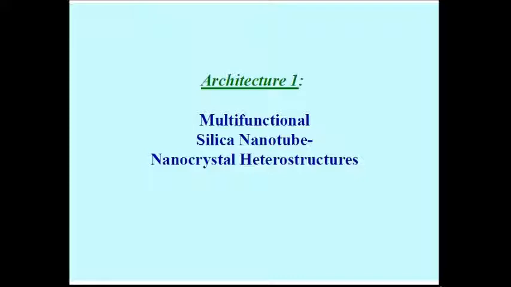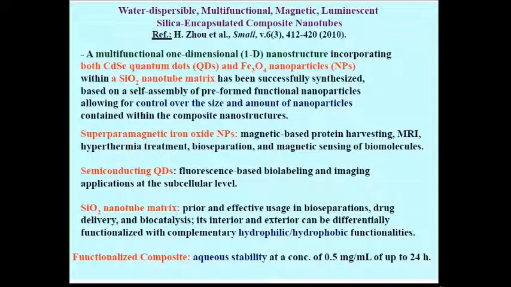Okay, so the first example is a multifunctional silica nanotube nanocrystal heterostructure. And essentially, why do I consider this particular material a multifunctional architecture? Simply because this construct has within it both cadmium selenide quantum dots as well as magnetite nanoparticles, which are immobilized within a silicon dioxide nanotube matrix.